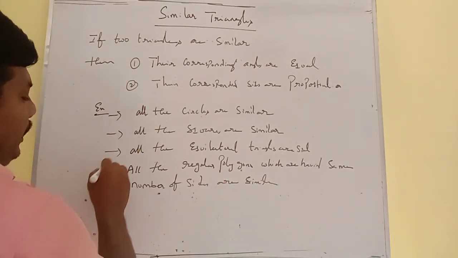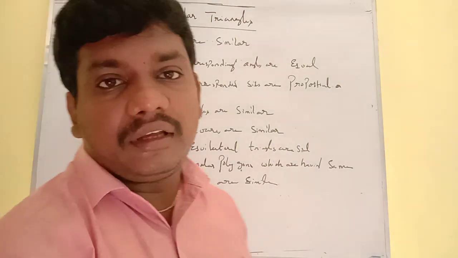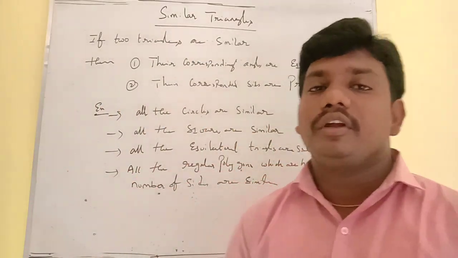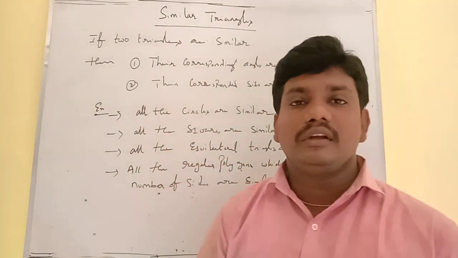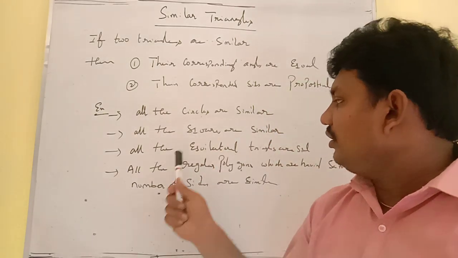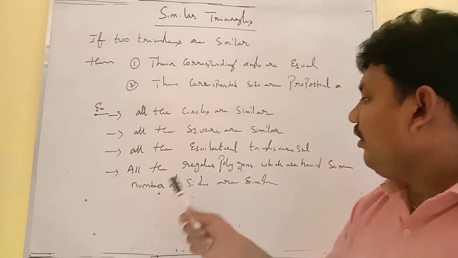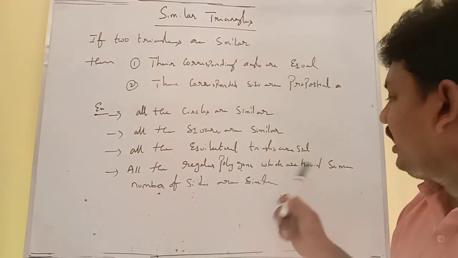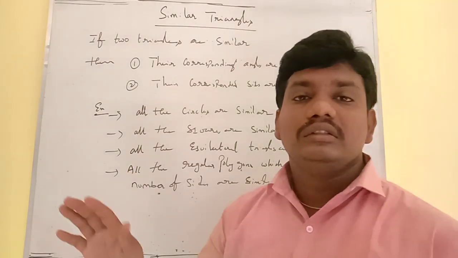These are all the examples of similar figures that we commonly use. All the circles are similar, all the squares are similar, all the equilateral triangles are similar, all the regular polygons which are having the same number of sides are similar in nature.